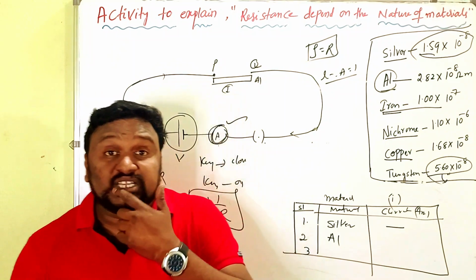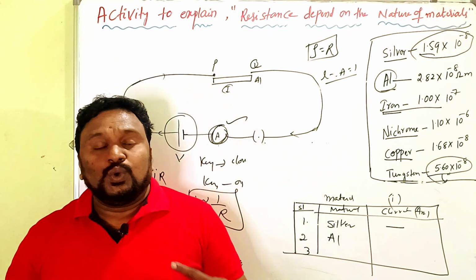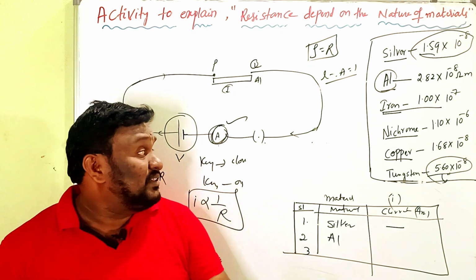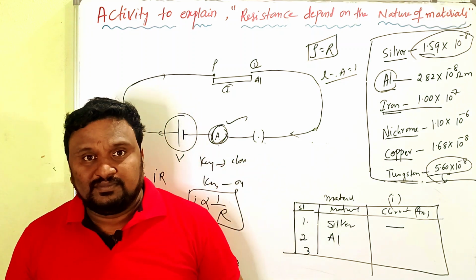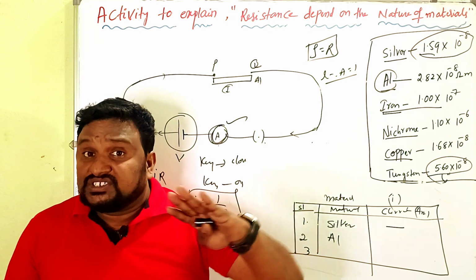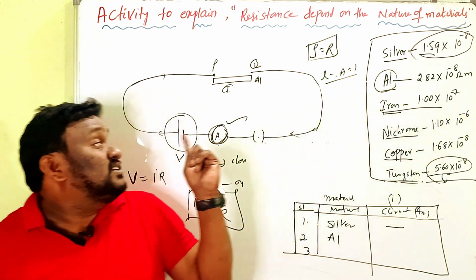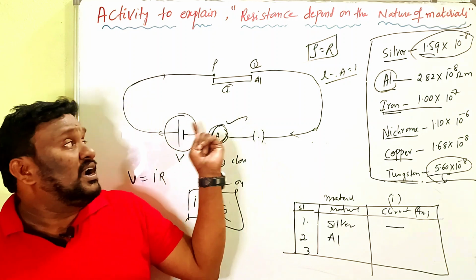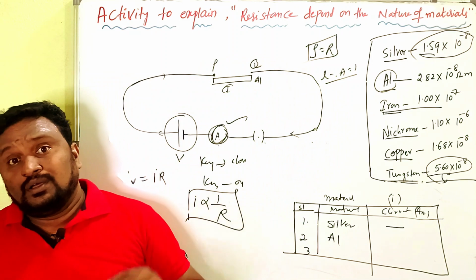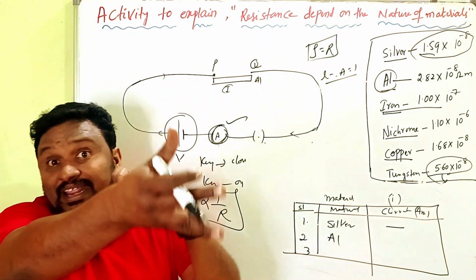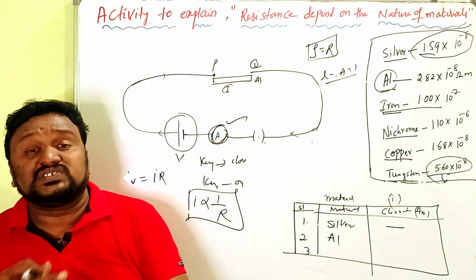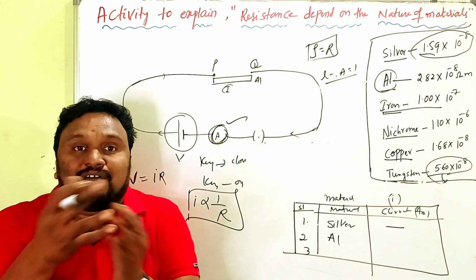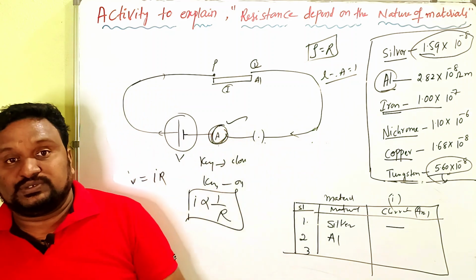So what you have to conclude in that activity is that when the material changes, the value shown by the ammeter also changes. What does it mean? We are changing only the material. We are not changing the battery, the ammeter, the plug key, and the remaining wires are also the same. We only change the wire, taking different types of wires. When they are replaced one by one, the values change.